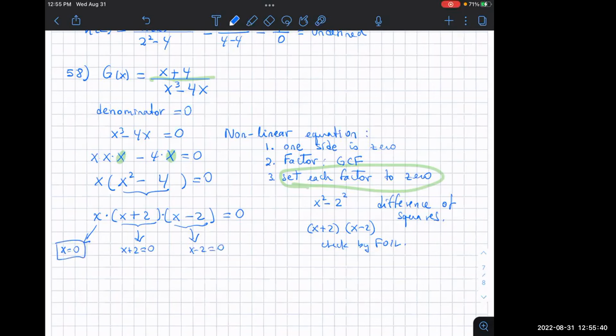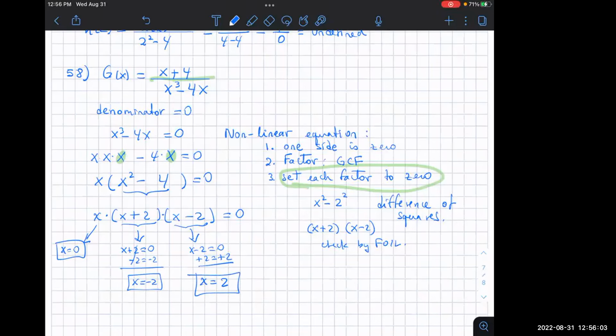Here we have one answer, x equals 0. For the second equation, we isolate the x, so we get x equals -2. And what do I get for the third equation? Positive 2. We add 2 on both sides, so we get x equals 2.